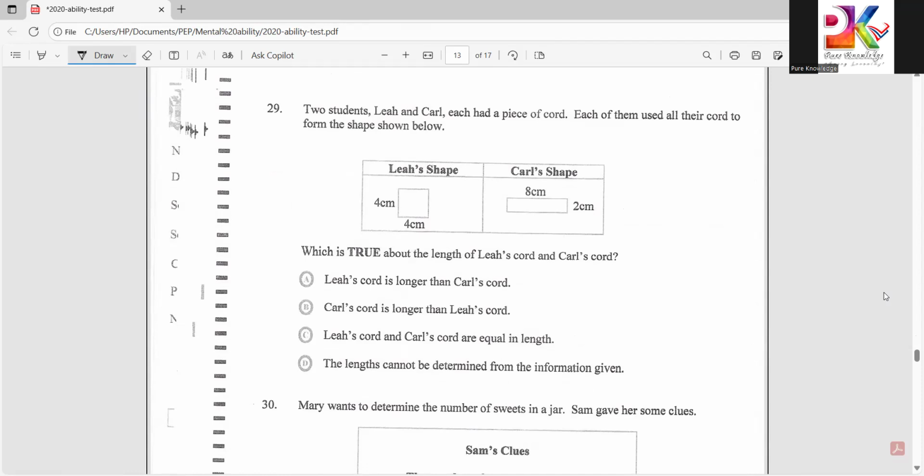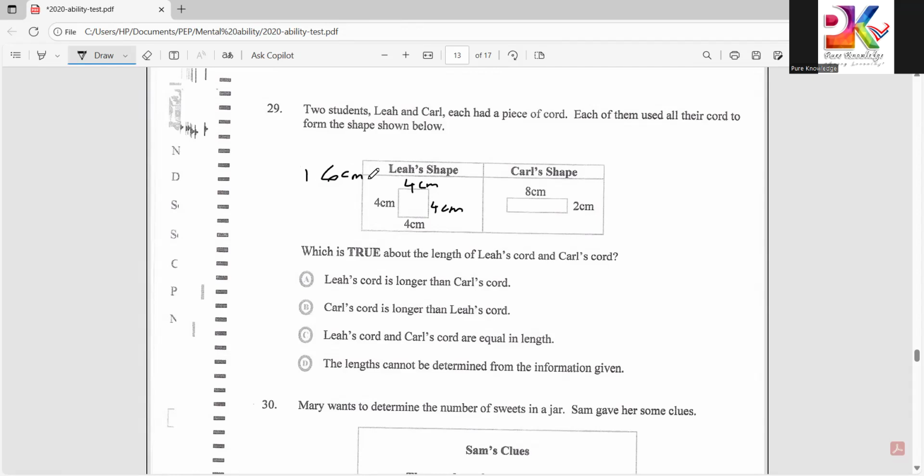So we're going to work it out. We know that Leah's shape is a rectangle and it's 4 centimeters. So all the sides have to be equal. So it's 4 centimeters, 4 centimeters. And we put that together, we'll get 16.